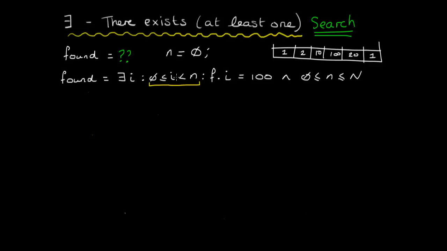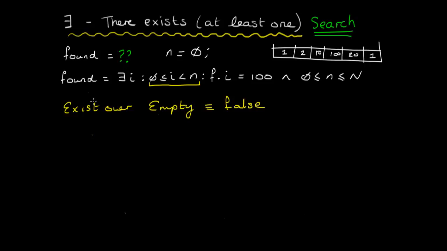So we have an empty range, so you must know how the exists operator behaves over an empty range. Now exists over an empty range is equivalent to false.